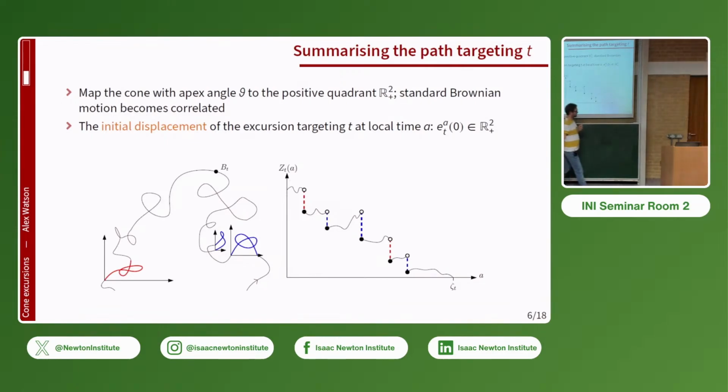Right? And then even more than that, and here's an important restriction, I'm going to look at just its L1 norm, so just the sum of the components of that initial displacement. And here I'm making an important, very big restriction: from now on, pretty much through to the end of the talk, I'm just going to focus on one particular apex angle, which is 2 pi by 3.